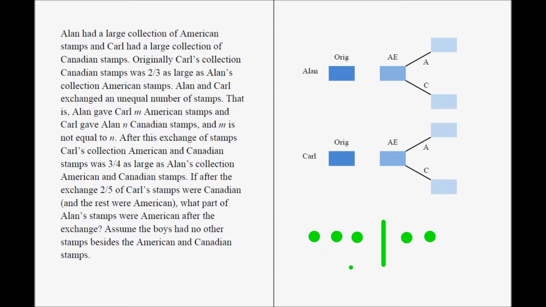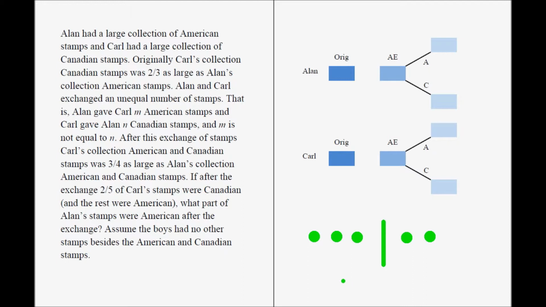So I know the total collection has to be divisible by 5. 2 by 3 is also a ratio, and I'm getting this if Alan's stamps can be divided into 3 equal parts, then Carl's stamps can also be divided into 2 equal parts, and the equal parts of Alan's stamps and the equal parts of Carl's stamps are exactly the same.